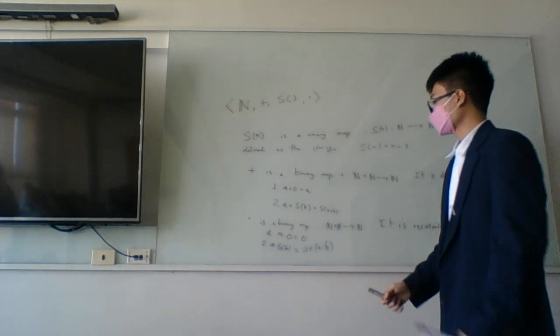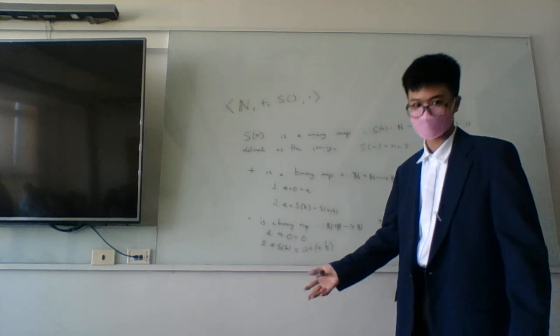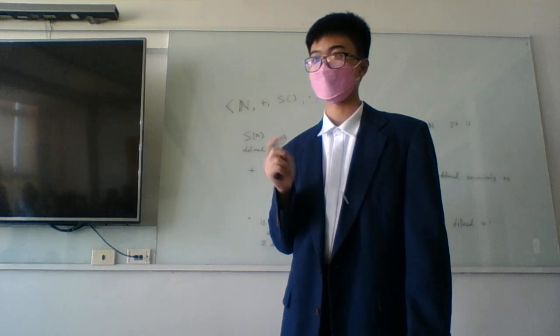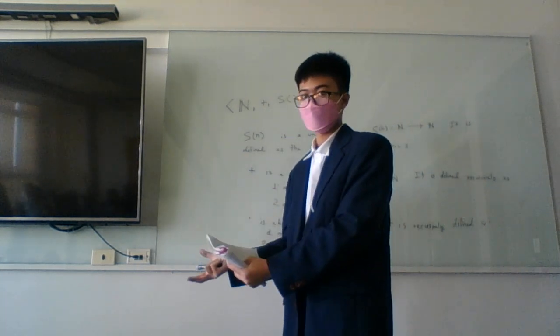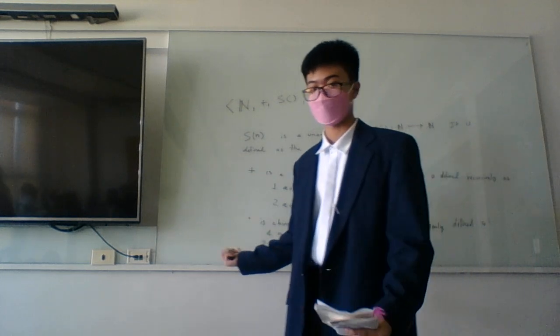Now, the recursive definition is not quite the same. Of course, you can see that it's different. Obviously, any natural number multiplied by 0 is just 0. No matter how many times of something we can have, since we don't want any of the object, we have 0 objects, right?